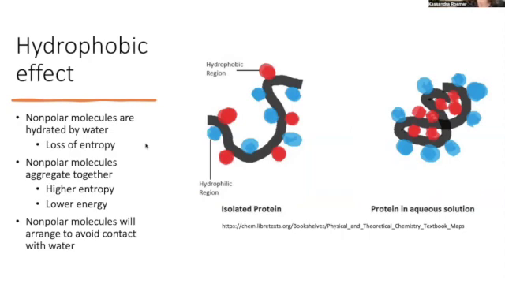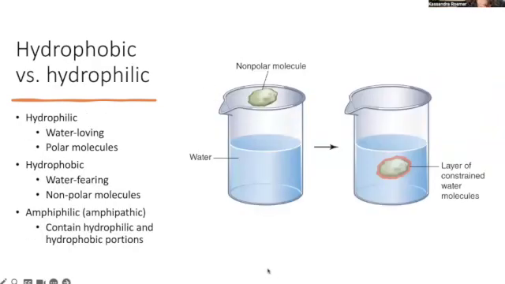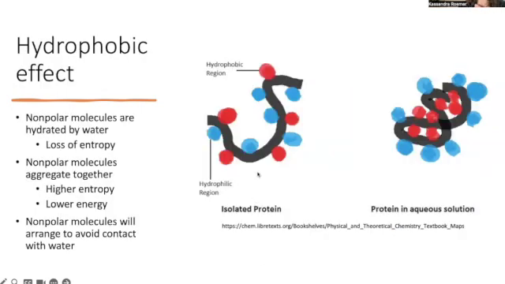So if we just have lone nonpolar molecules in water, they get hydrated, as we saw in this picture right here. So we have that layer of water molecules forming around that nonpolar molecule, which leads to a loss of entropy. So this is not very desirable. So usually those nonpolar molecules aggregate together in water.